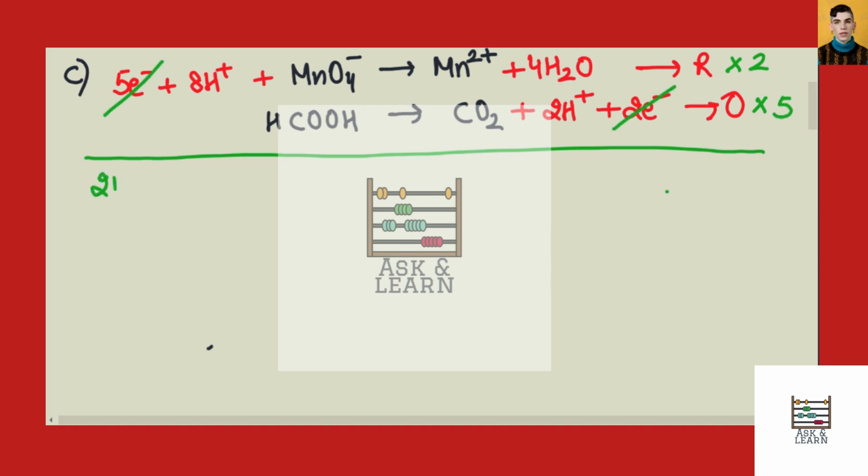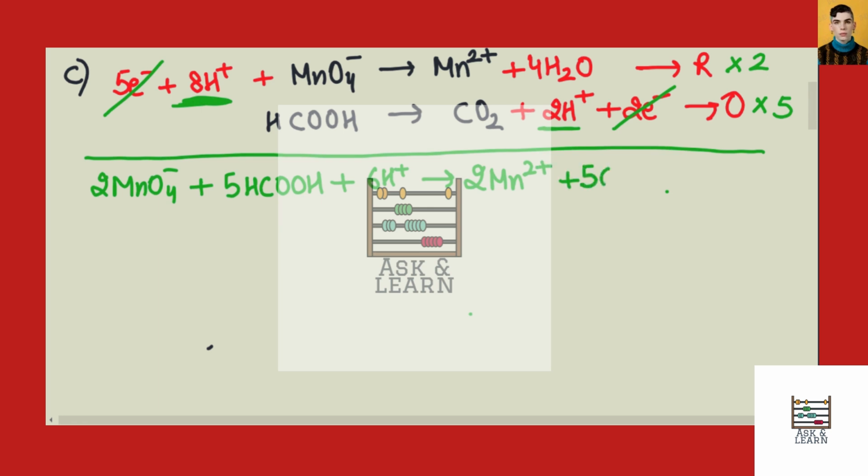We end up with 2MnO4- plus 5HCOOH, formic acid, and then 16H+ minus 10H+ is 6H+, going to 2Mn2+ plus 5CO2, and then we have 8 water molecules here. Since this is in acidic medium, we don't have to add any extra hydroxide ions, so this is the balanced chemical equation.